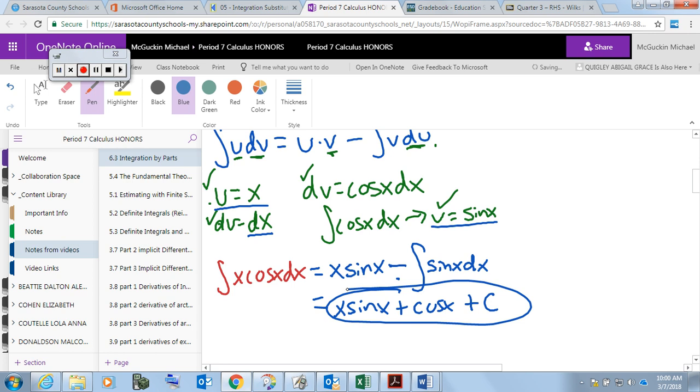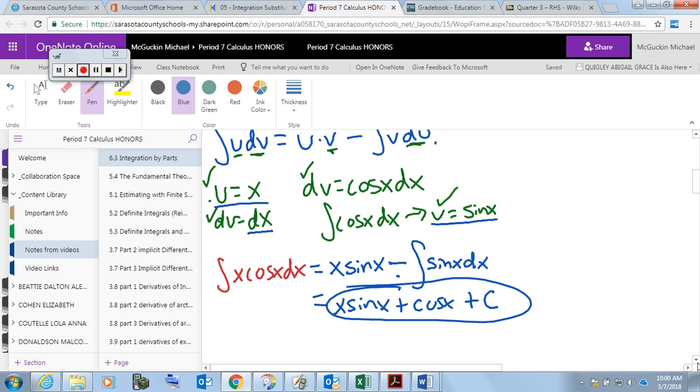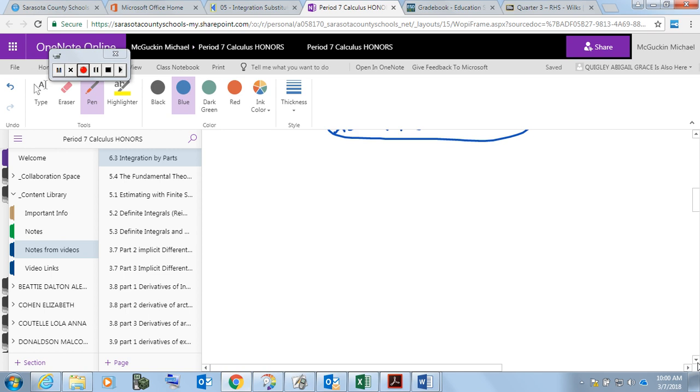Okay? So, as I said in the beginning, I'm going to go through this example and then I'm going to go through a little helper as to how to choose U and DV. And so this is using an acronym we know to be LIPET. Alright, LIPET.